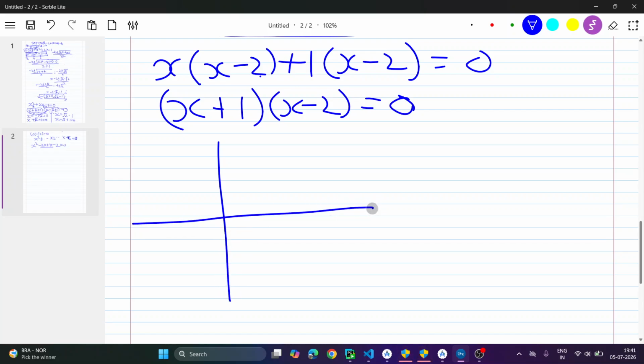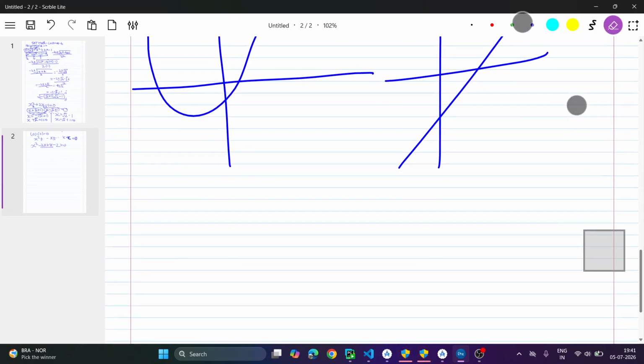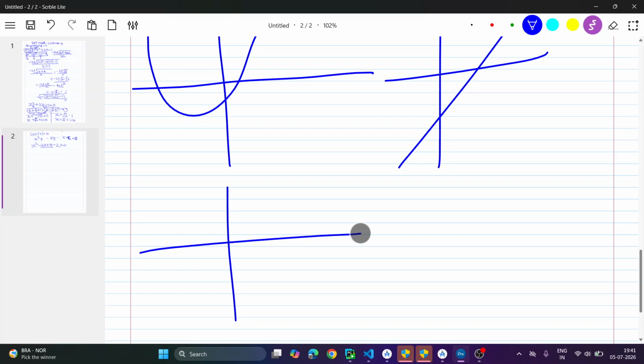Now let's graphically see what a zero of a polynomial is. Let's see this and this, and let me draw one more graph, okay? So now they're asking you the number of zeros or something. This point is a zero. The x coordinate of this point is 0.